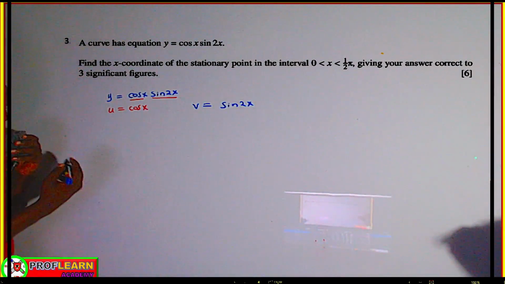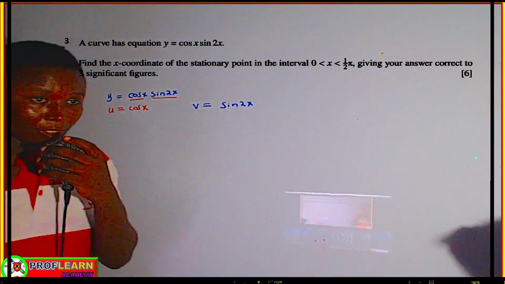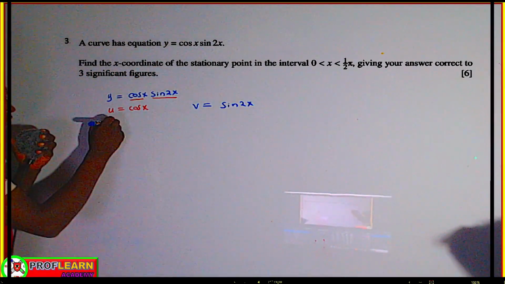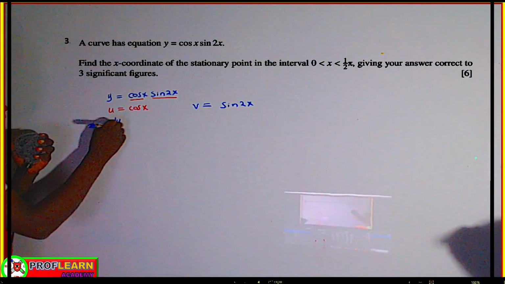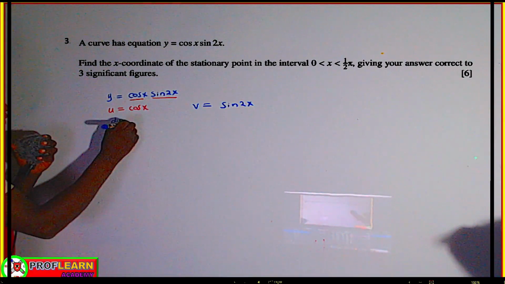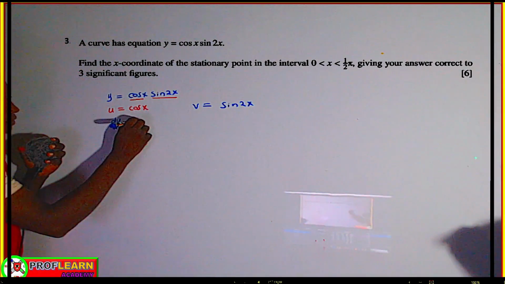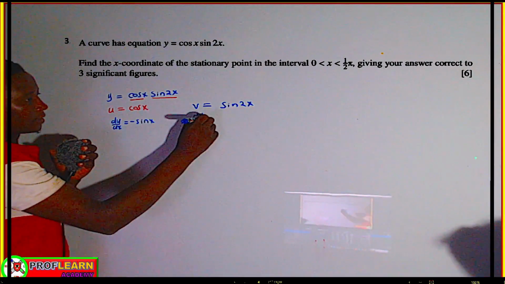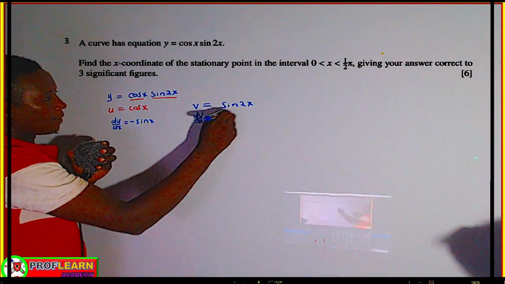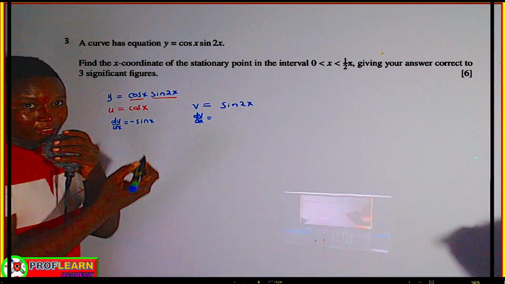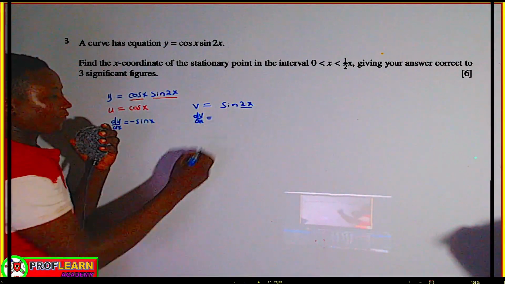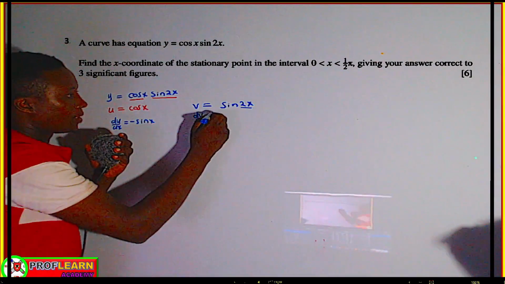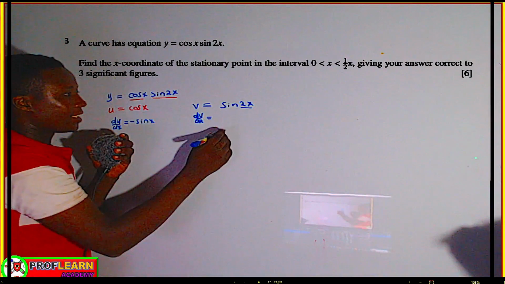Then since we are going to use product rule, you remember that we need to find du dx. So du dx is actually going to be minus sine x, and dv dx is going to be, now we are going to use chain rule at this point because this is a function of x and the sine is also a function of x. So that will mean that we shall differentiate the inner function first.